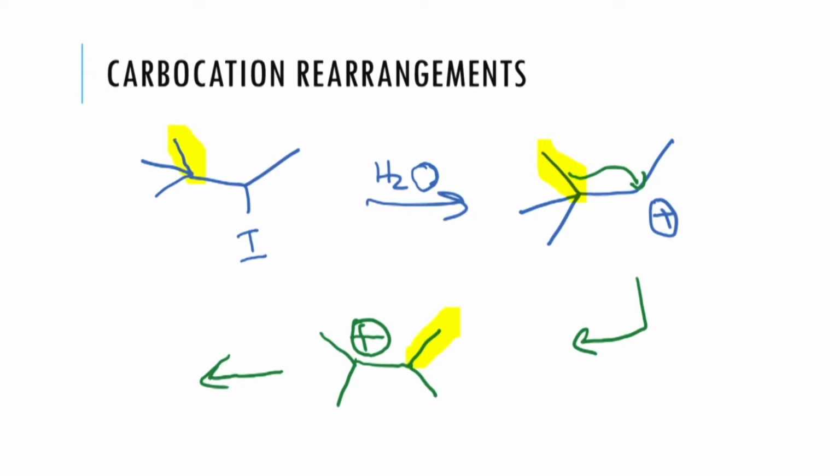So, we've already looked at some of the orbital aspects of this, but let me just quickly go through this. So the carbocation is an empty p orbital. So this is the empty p orbital, and here is the carbon bond that is going to rearrange.